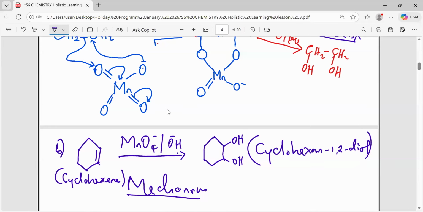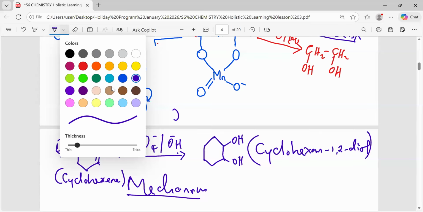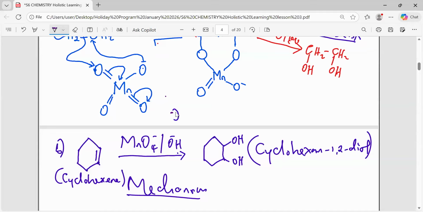What do we get? Let's use this example. Maybe we still have ethene. If you say acidified potassium permanganate, acidified will be represented by hydrogen ions.